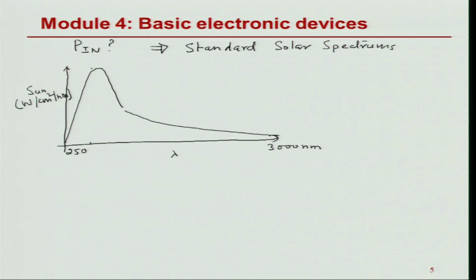Now with respect to this, if I am looking at the solar spectrum and the power that it has in the outer space, it is much more. As the sun is going through the atmosphere of the earth, it is losing some power due to scattering, absorption of the atmosphere. So it depends on where I am. And the first standardization which is given for the spectrum is called air mass 0.